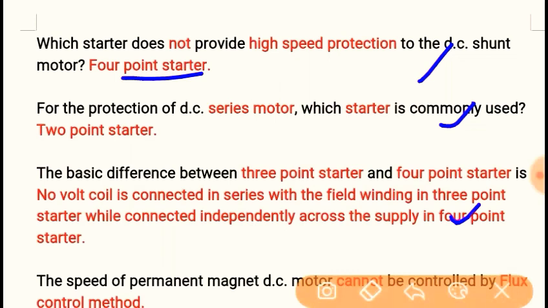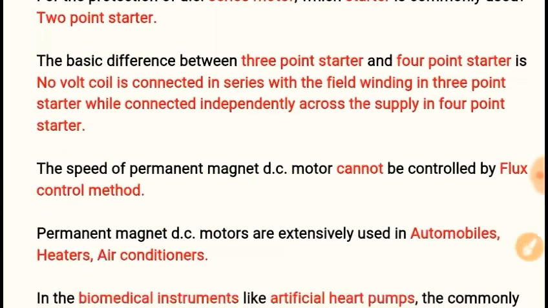The basic difference between the 3-point starter and 4-point starter is that the no-volt coil is connected in series with the field winding in the 3-point starter, while it is connected independently across the supply in the 4-point starter.